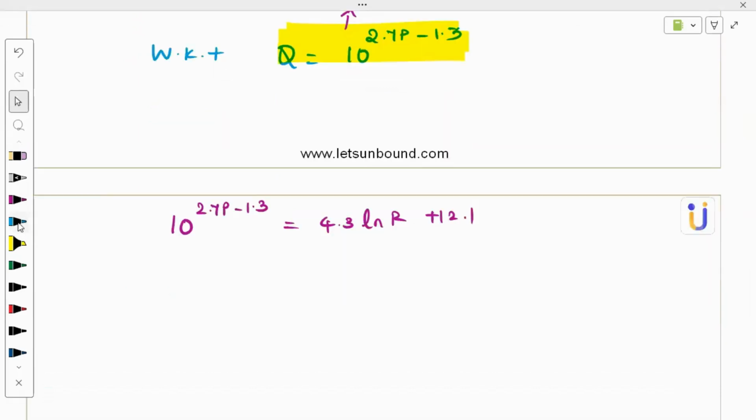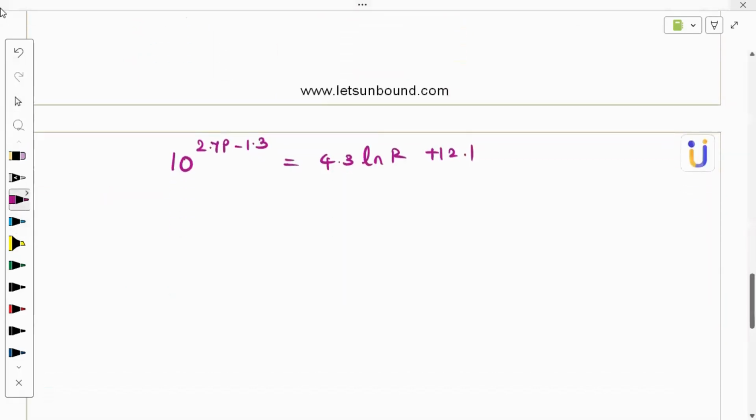P should be at the base, not in any other form. I should bring that P down to the normal position, right? It is an exponent.